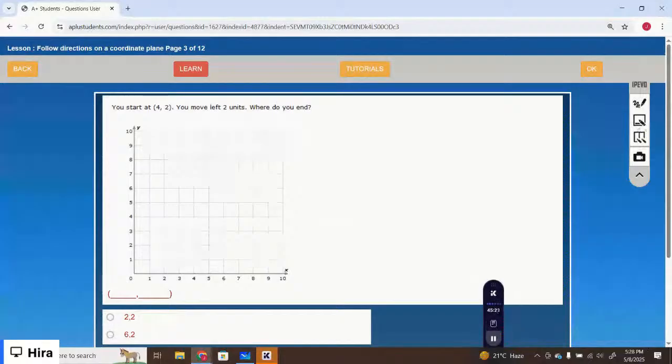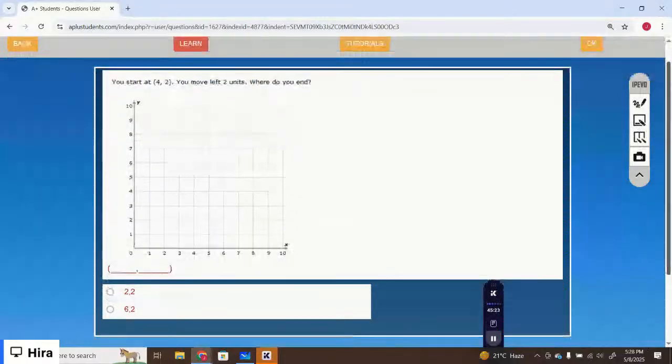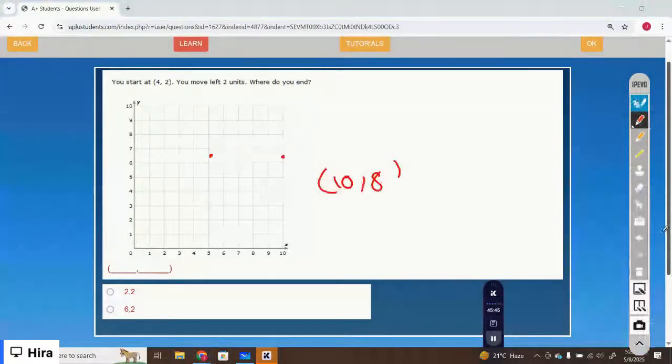You start at (4, 2). You move left 2 units. Where do you end? You started at X is 4, Y is 2.